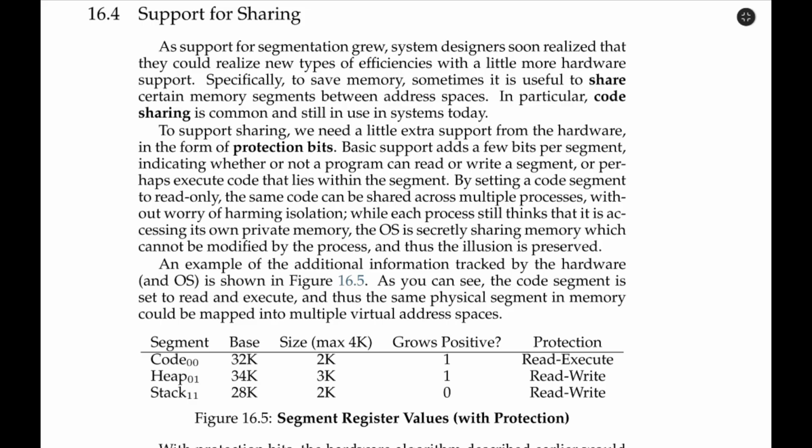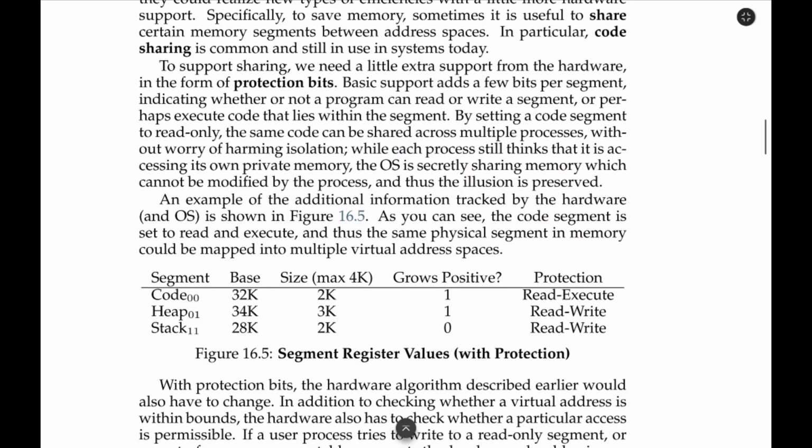By setting a code segment to read-only, the same code can be shared across multiple processes without worrying about harming the isolation, while each process still thinks that it is accessing its own private memory. The OS is secretly sharing the memory, which cannot be modified by the process. Thus, the illusion is preserved.